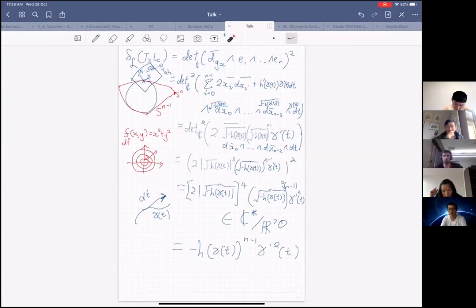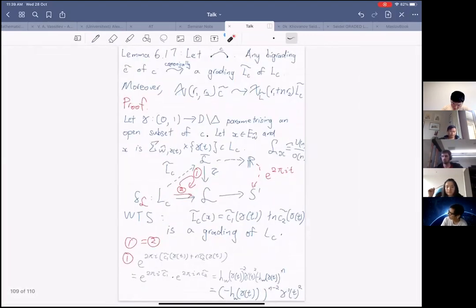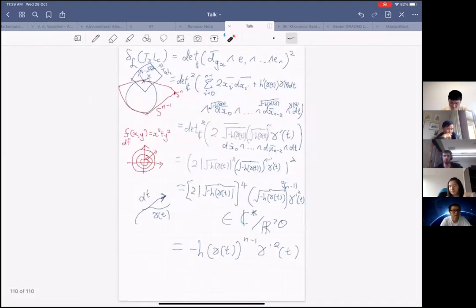You can see that this should equal this number here. So we got this thing to commute. Any question?